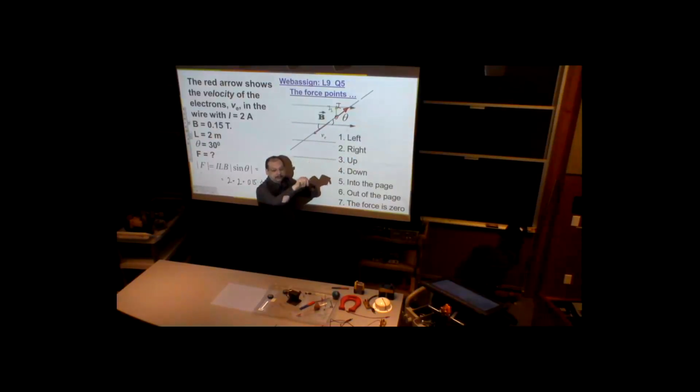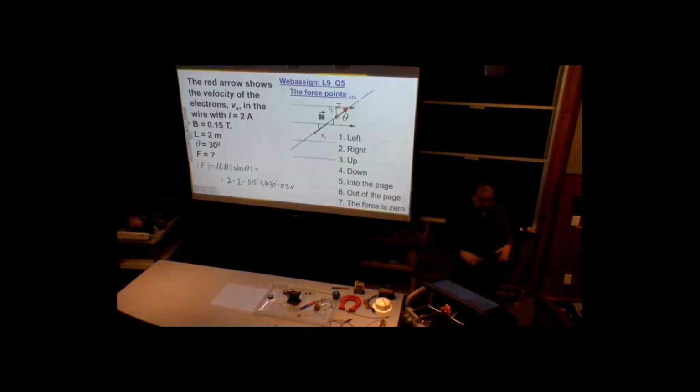This thumb shows the force into the screen. So now we have answered both questions. Into the screen, again, standard symbol. The direction is into the screen.